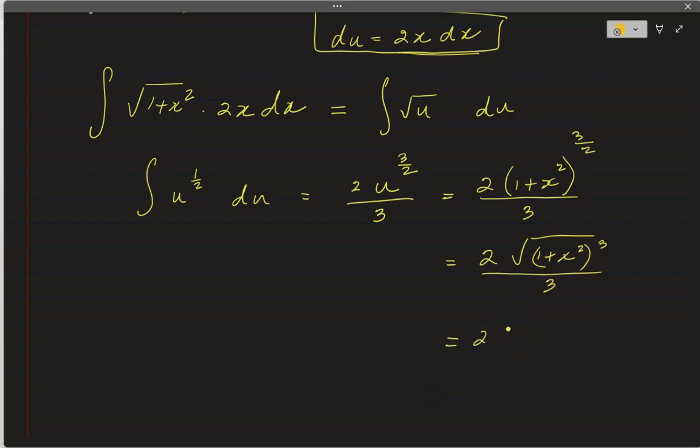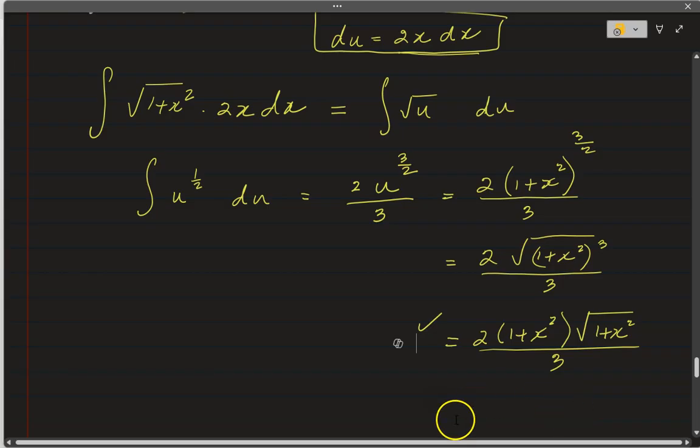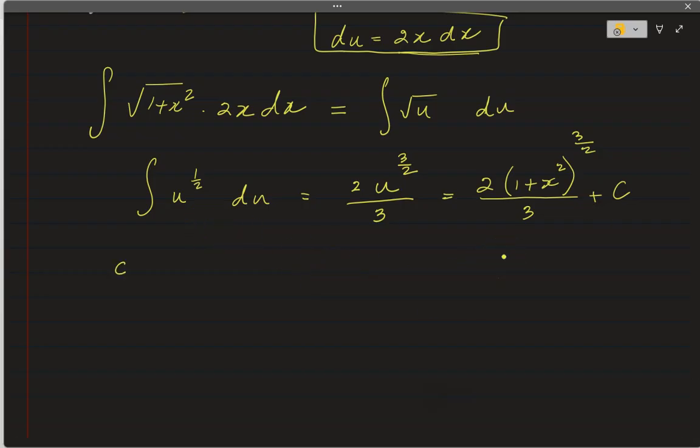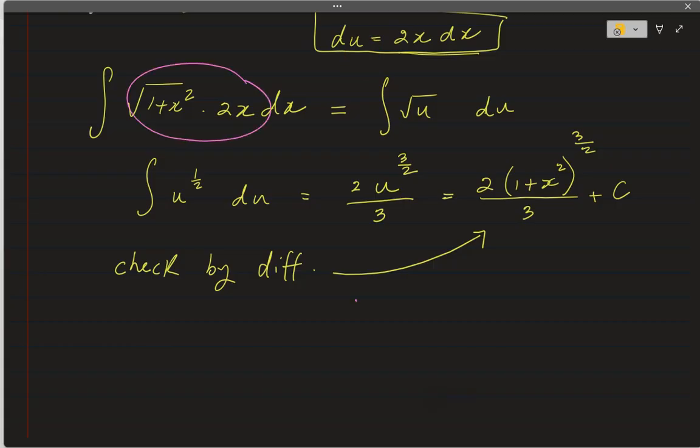The last step: 2 times (1 plus x squared) times the square root of (1 plus x squared), all over 3. That is the final answer. And don't forget plus c, the constant of integration, because it's an indefinite integral. If you want to check, you can differentiate that function, and when you do this, you should get this back.